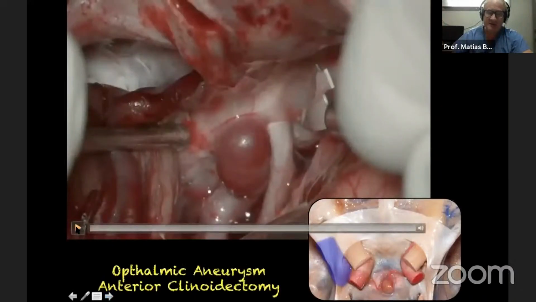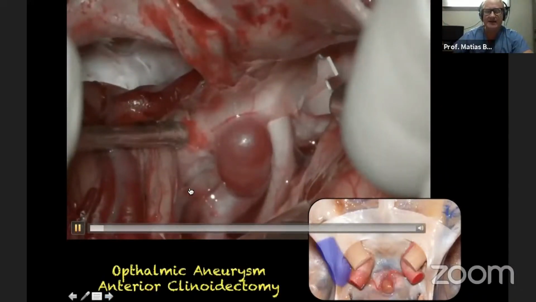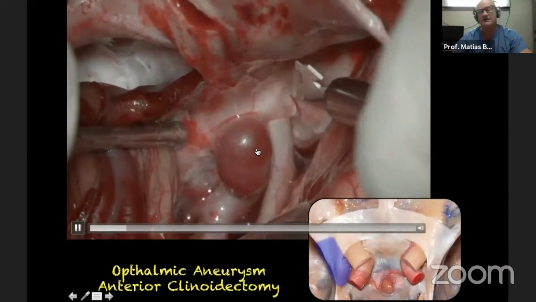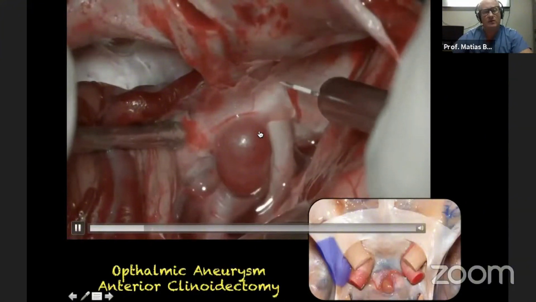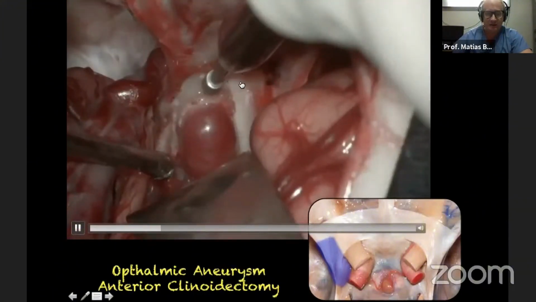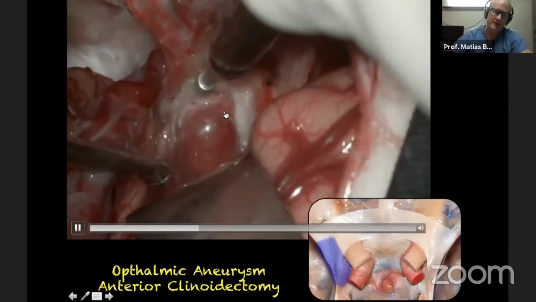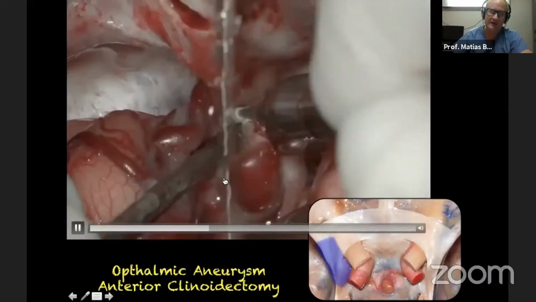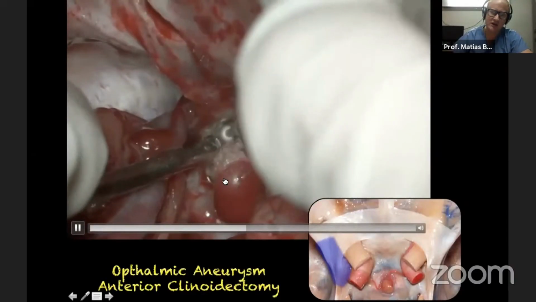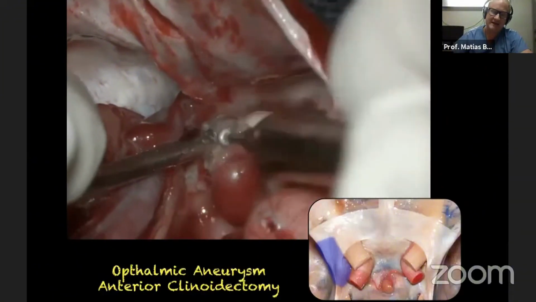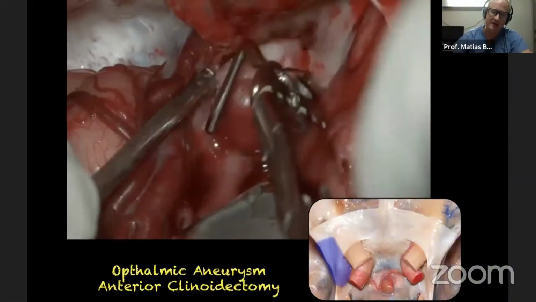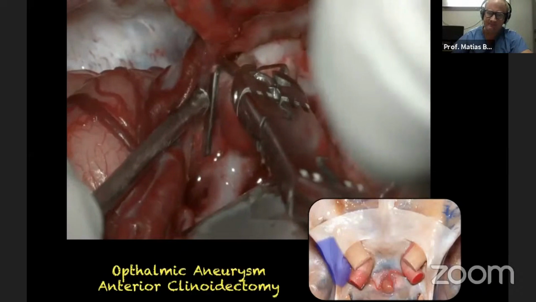And for some kinds of aneurysms, like this carotid ophthalmic aneurysm, not only was it necessary to remove the roof of the optic canal, we need to remove the anterior clinoid process in order to get access to the proximal neck of the aneurysm.